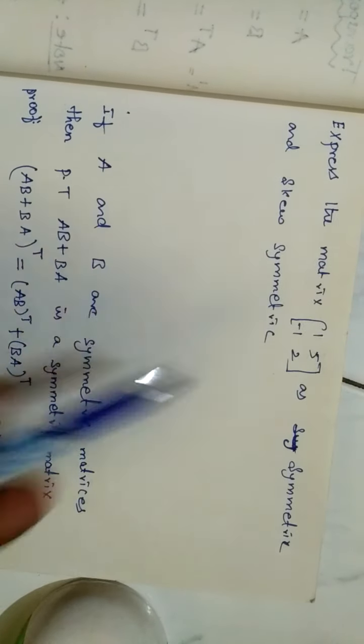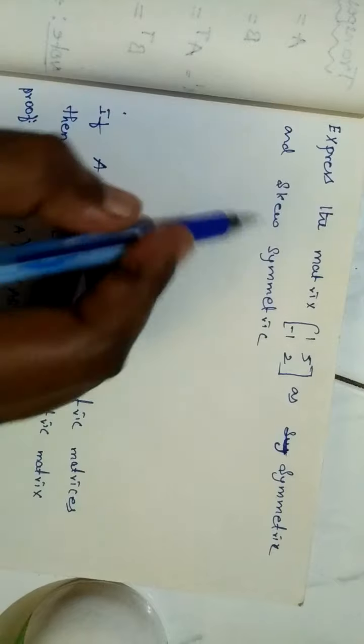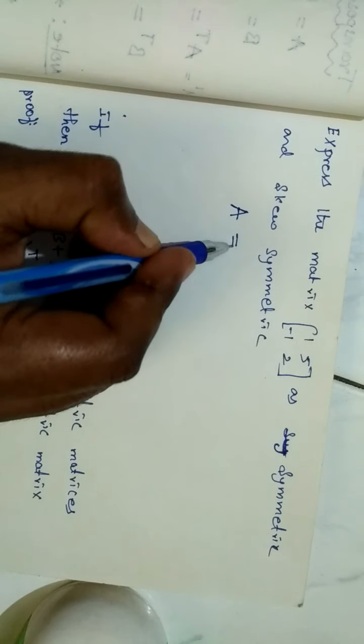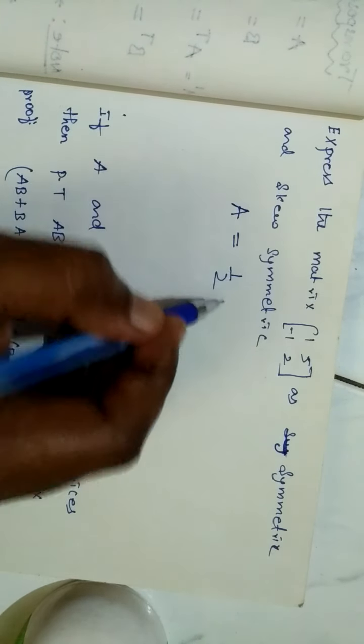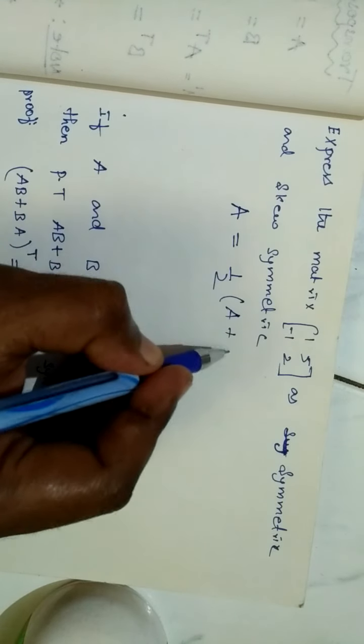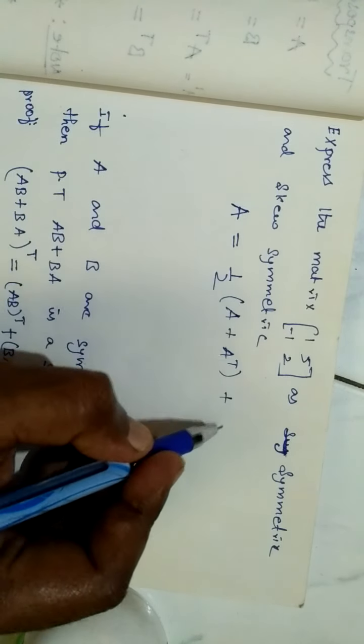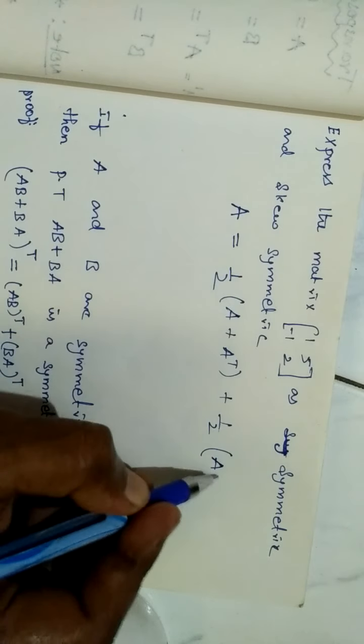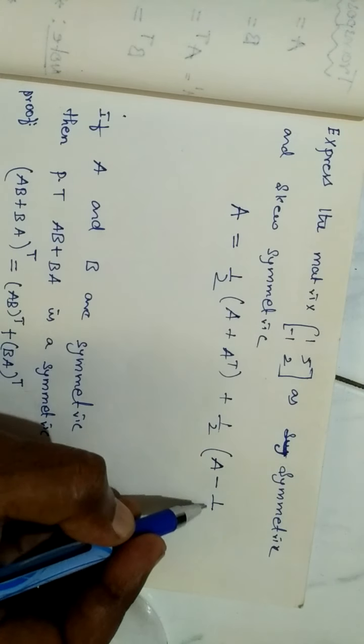See how to make this matrix symmetric and skew symmetric: you have to use this one, A is equal to half of A plus A transpose plus half of A minus A transpose.